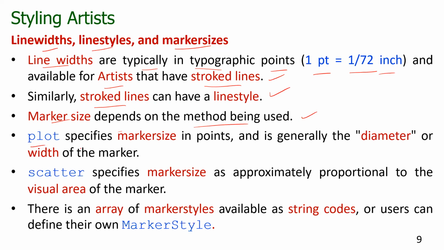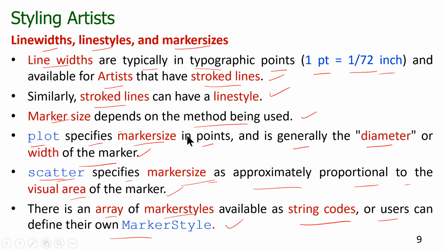Plot specifies marker size in points, generally the diameter or width of the marker. Scatter specifies marker size as approximately proportional to the visible area of the marker. There is an array of marker styles available as string codes, or users can define their own marker styles.